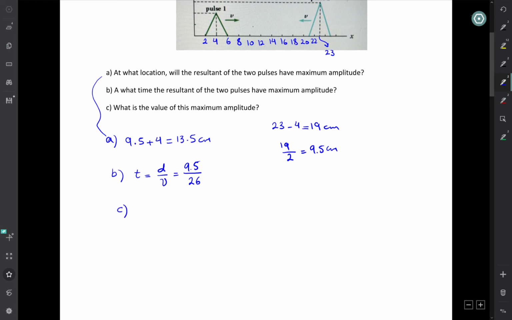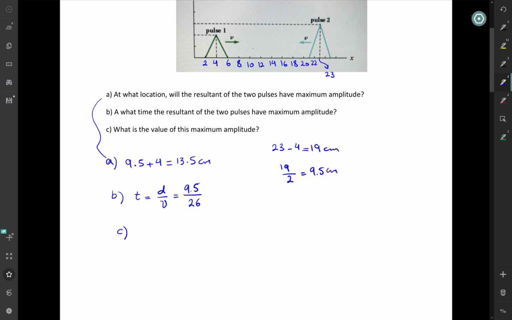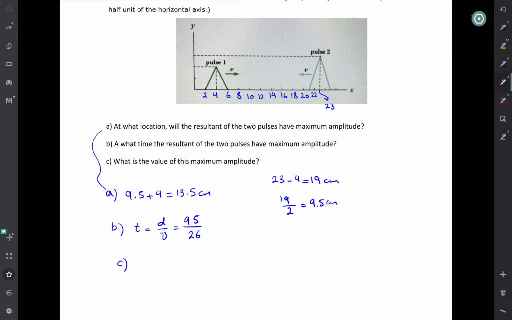Part C, they're asking for the amplitude of the resultant wave. Because the two pulses are upside up, the peaks are in the same direction. If you want to find the resultant amplitude, you add their amplitudes.